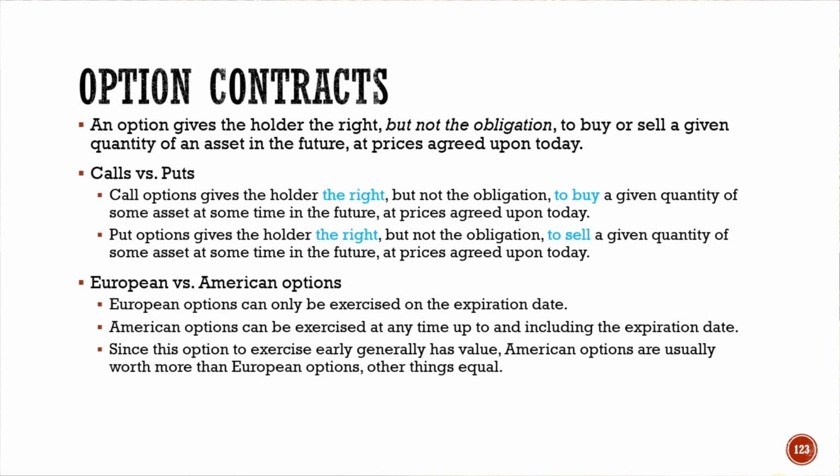A big difference between European versus American options is that European options can only be exercised on the expiration date, whereas American options can be exercised at any time up to and including the expiration date. Since American options can be exercised early, that means that American options typically have a little bit more value to them.